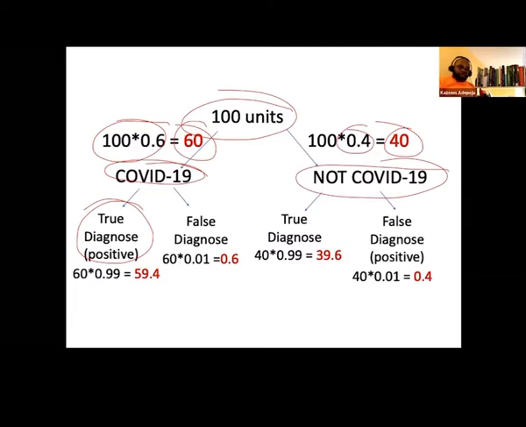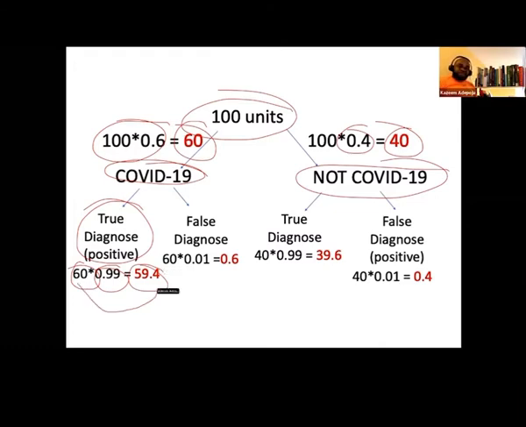The true diagnosed positive is actually the probability that correctly identifies those who have the disease. Of course, they have to be positive during the test if they truly have the disease. Now take a look at this. The number that have the disease multiplied by 0.99, which is the accuracy of the machine, gives us 59.4. 59.4 is less than 60.